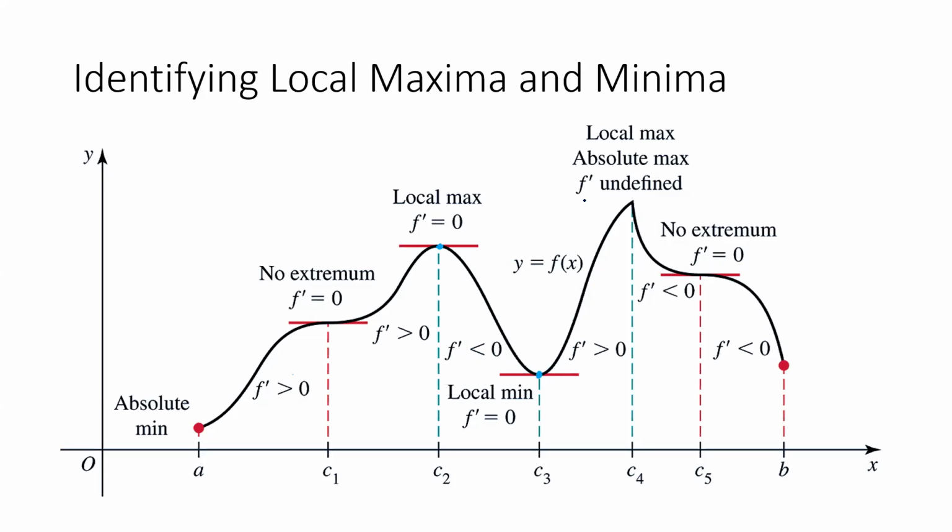And then looking at the next critical point up here, notice that this one is a local max. We can again identify that it's a critical point because it's a point where the derivative is undefined. Notice it's got a hard corner, a sharp corner in the graph there.